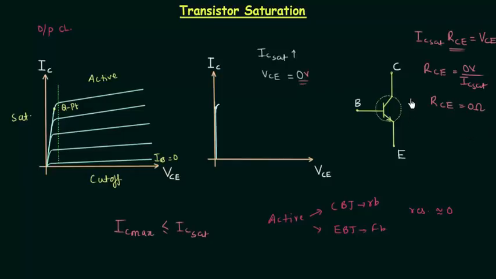This means there is no resistance between the collector and emitter terminals, and we can short circuit the two terminals. Now we know what actually happens when transistor operates in the saturation region. The relatively high collector current is there and VCE is equal to 0 volts, and because of this collector and emitter terminals are short circuited.